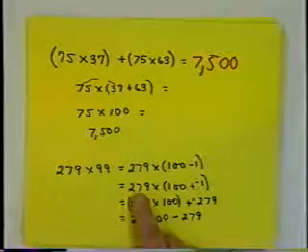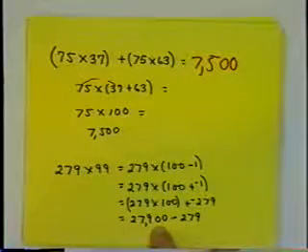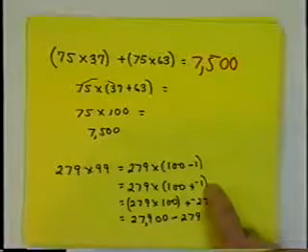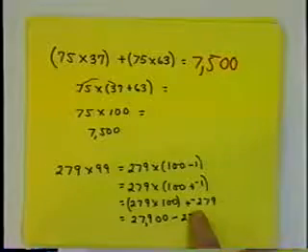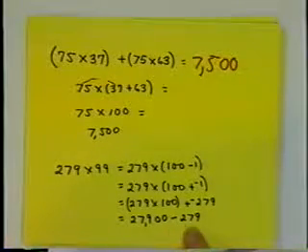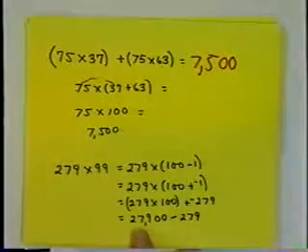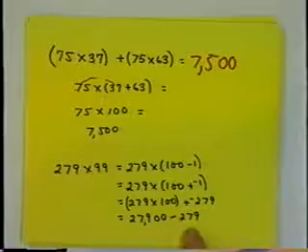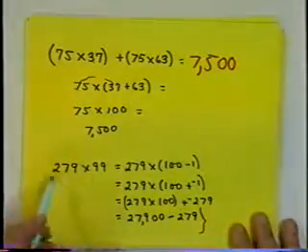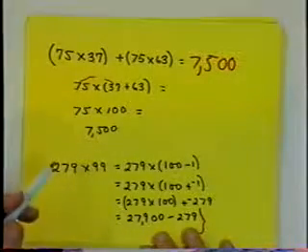Now by the distributive property, the 279 multiplies the 100 to give you 27,900. The 279 multiplies the negative 1 to give you negative 279. Adding negative 279 is the same as subtracting 279. So 279 times 99 is how much? It's 27,900 minus 279. And before you even do that subtraction, don't you have a pretty good estimate for the answer? Isn't it sort of faster than doing the regular multiplication?